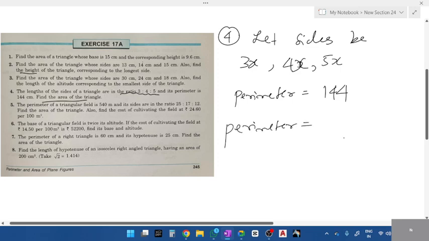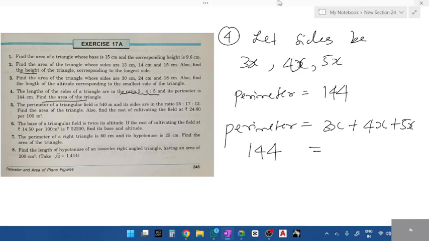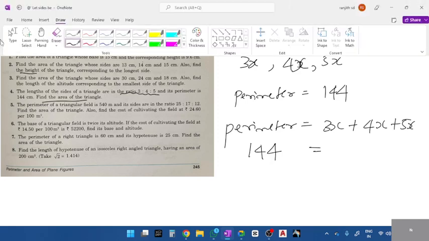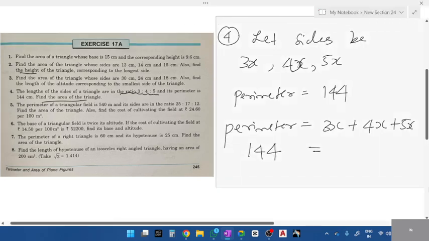Sum of all three sides, right? So which three sides do I have to add here? 3x plus 4x plus 5x. The perimeter value is 144. Substitute 144. Calculate 3x plus 4x plus 5x: 12x. Find the value of x.